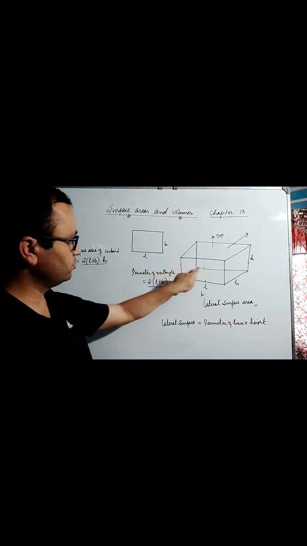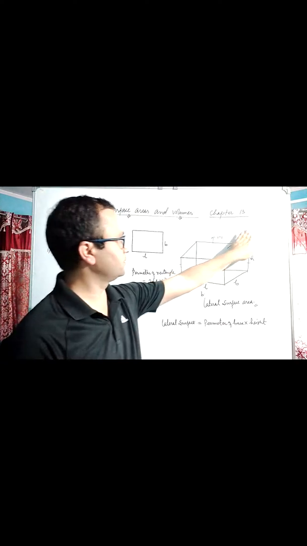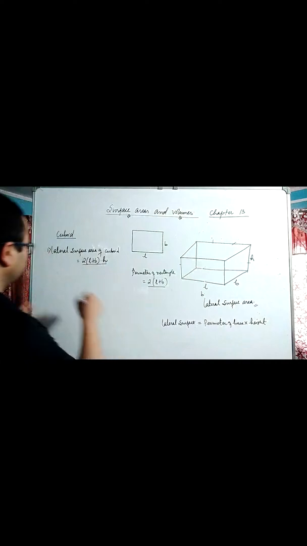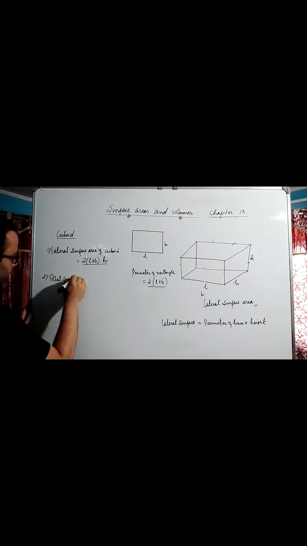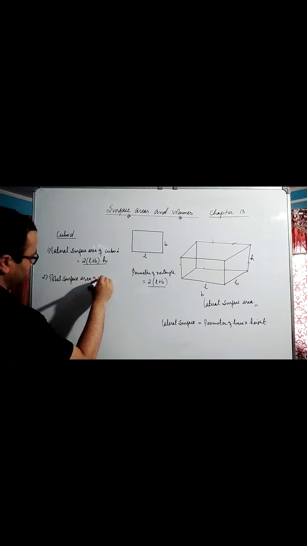Now we have to calculate the total surface area of the cuboid.